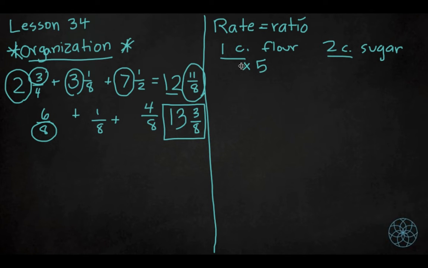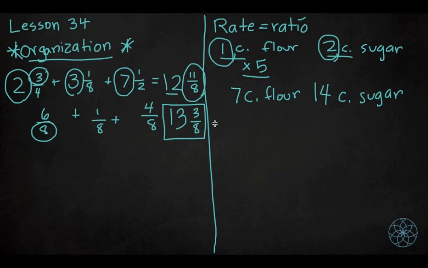Or let's say you didn't even know how many times you wanted to make, but you knew you had 7 cups of flour. Then you might think, if I just add twice as much sugar, then I'll add 14 cups of sugar. So all that to say, a ratio is just looking at the relationship between two numbers, between this 2, between this 1, and making an observation.